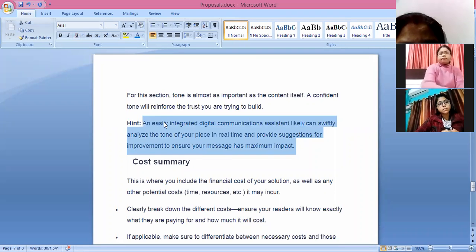So, an easily integrated digital communication assistant can also help you to analyze this and provide you suggestions. This you can do, you can also delete.